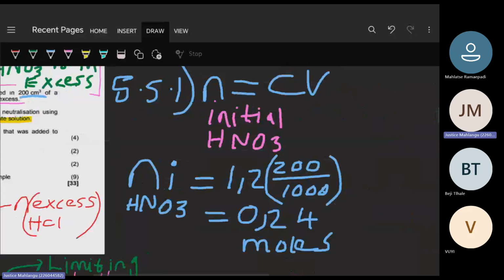You must have a periodic table on your side every time you are attending. What is the molar mass of potassium? I think it's 39, plus 16, which is oxygen, plus 1. Please check.